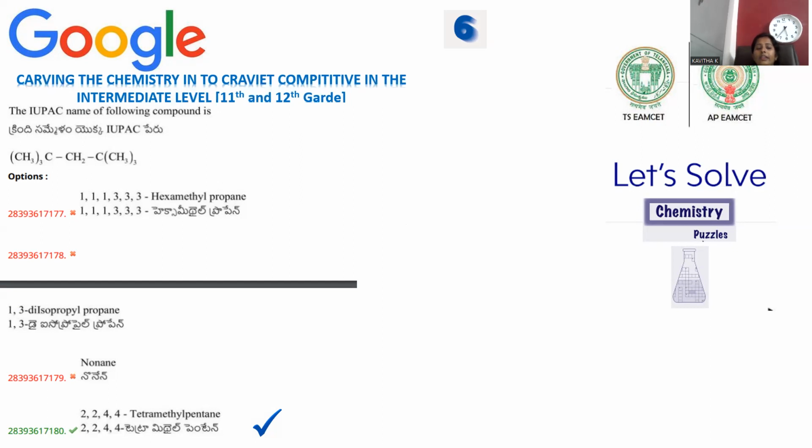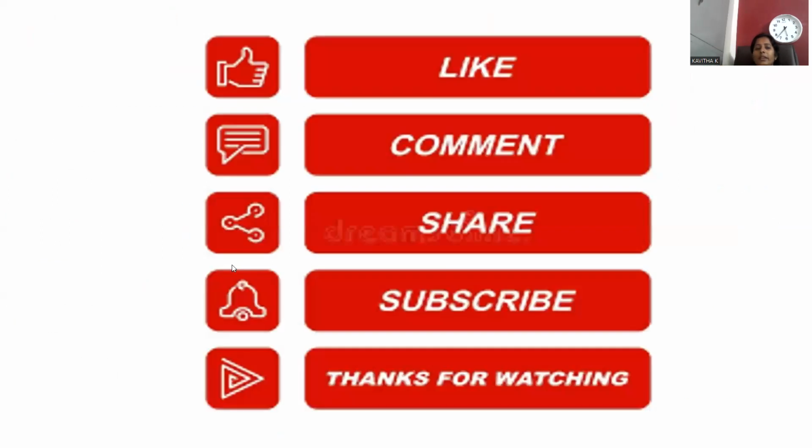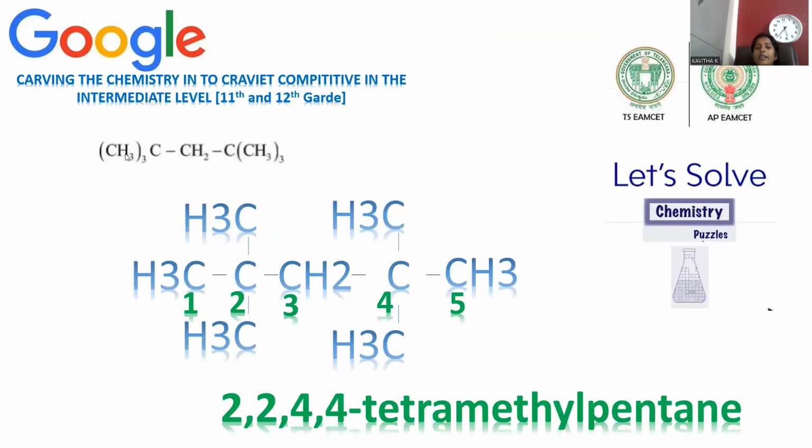Let's see how we can get this name for the given compound. In order to explain that, let me expand this chemical structure. Here CH3 is there 3 times. So let me mention the entire carbon chain length like this. 1, 2, 3, 4, 5 carbon chain length will be there.